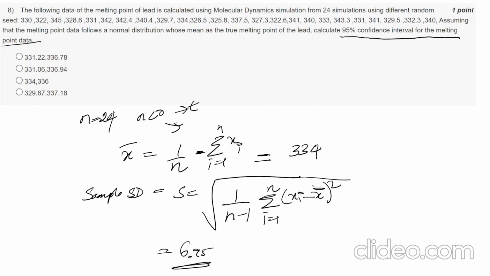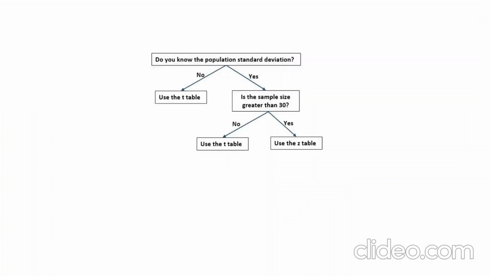So till now we didn't have any kind of confusion. Now the major confusion is which way we have to proceed. Should I use the T table or the standard normal variate Z table to find the values? Here we have a guideline for this.